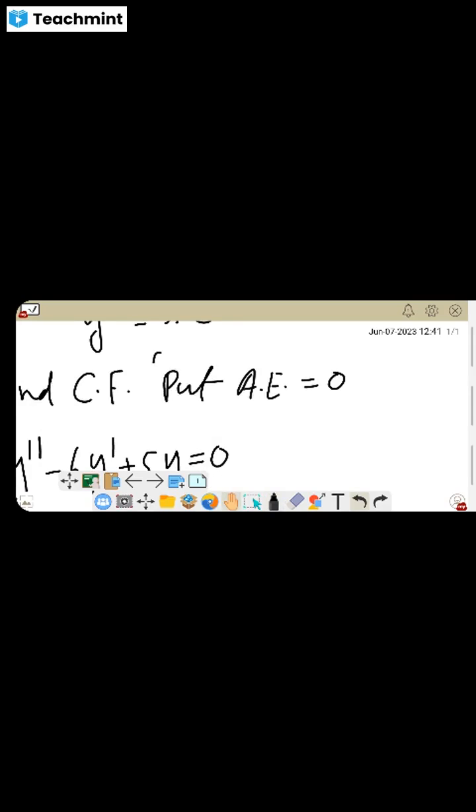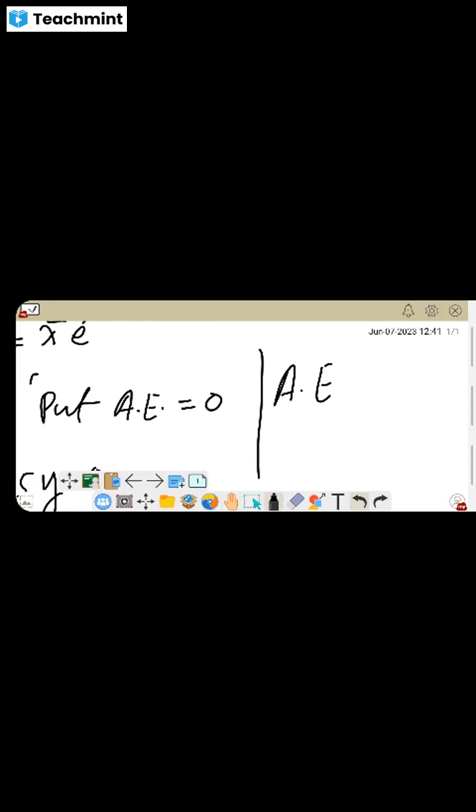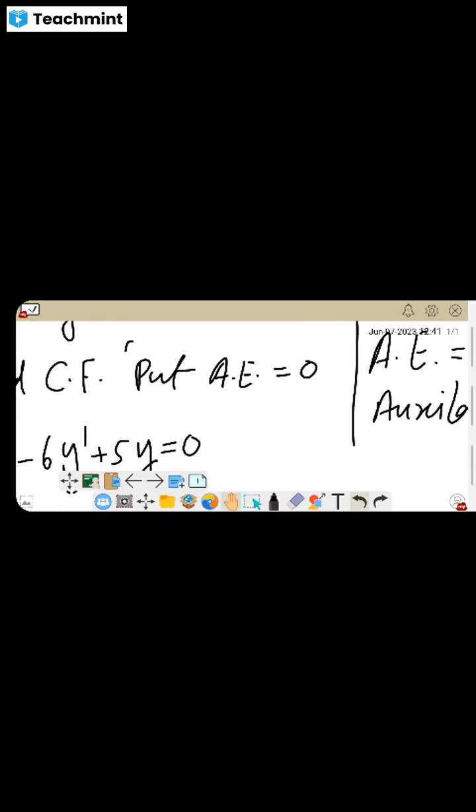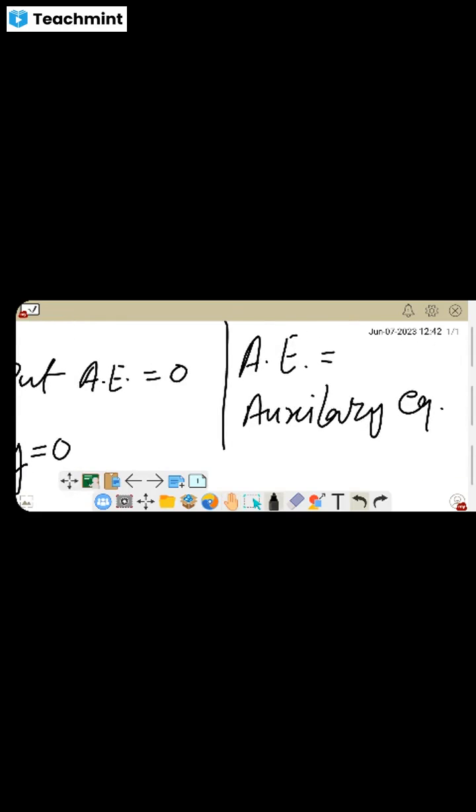AE means auxiliary equation, the equation formed by the left side of the differential equation.